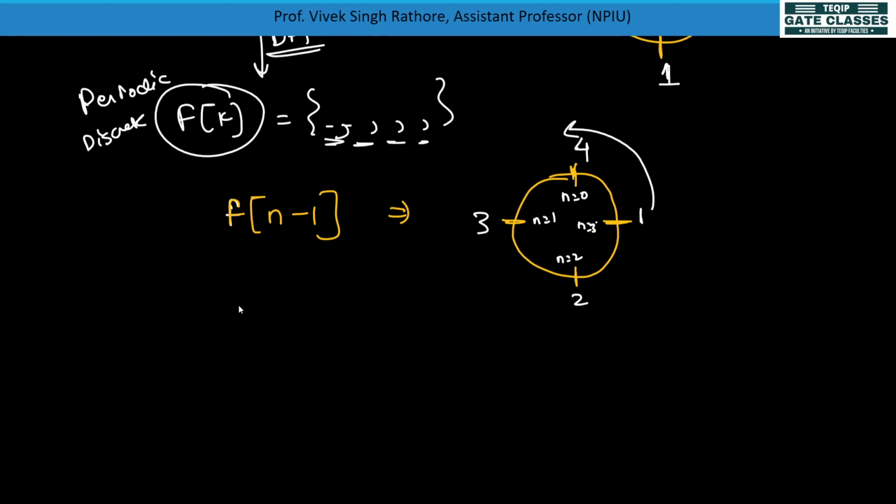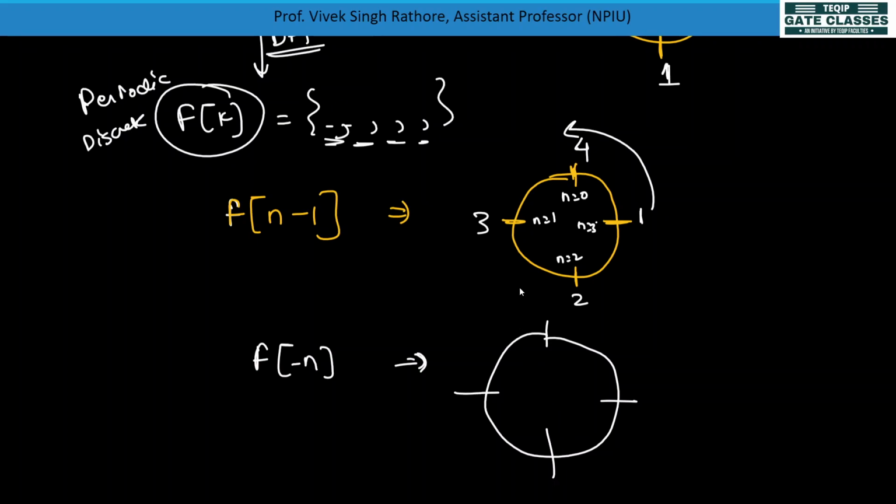Now if I ask you to plot f of minus n, how will you plot it? f of n is the same. Again a circle will be there, with 4 equal parts. Now for minus n, in the linear scale what we were doing was just taking the mirror image about the y axis. So this horizontal portion will remain the same. Here n equal to 0 and n equal to 2 will remain the same.